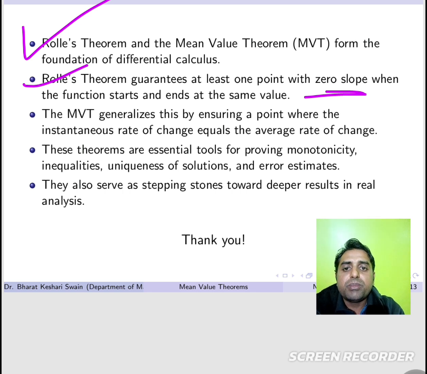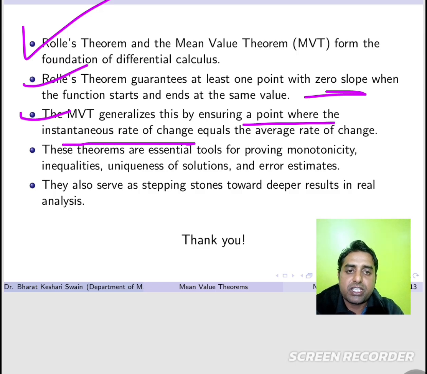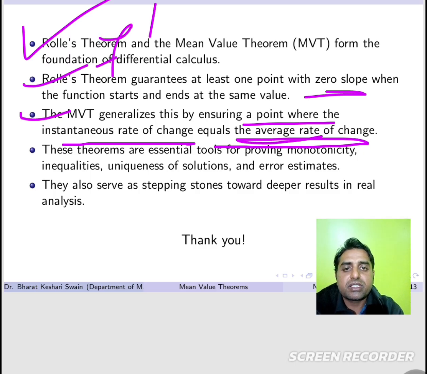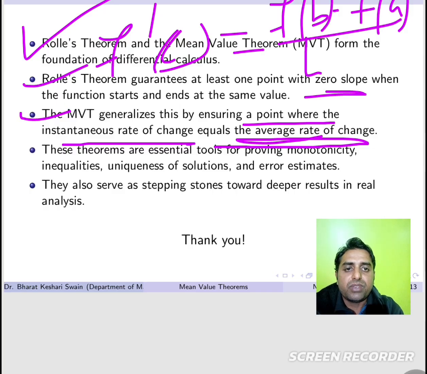Next, the Lagrange mean value theorem generalizes this by ensuring a point where the instantaneous rate of change equals the average rate of change. Instantaneous change means f dash c, and average rate of change means f of b minus f of a divided by b minus a.